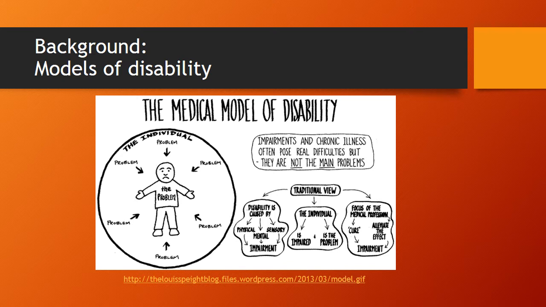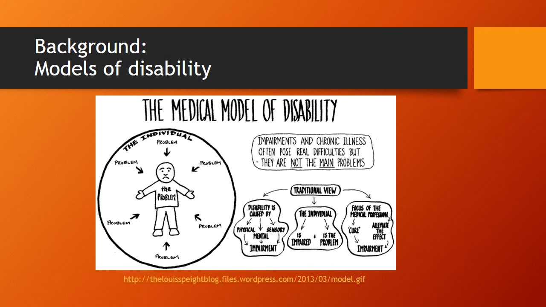First I just want to do a little bit of background about models of disability. This is a thing I can get really engaged with, so I'm going to try to be pretty smooth about it. There's a couple of major models of disability. There's the medical model of disability, in which the problem is in the individual, and so the individual is a problem.